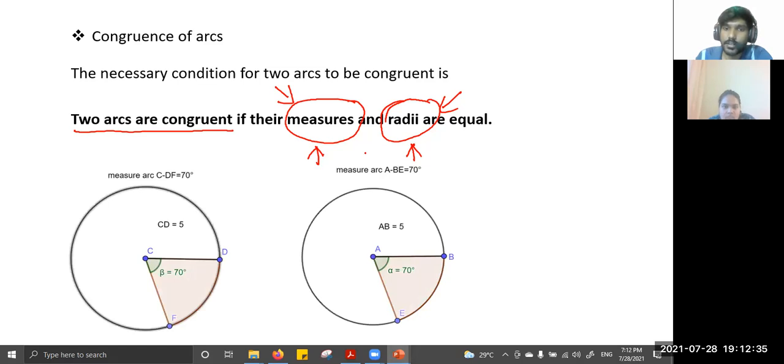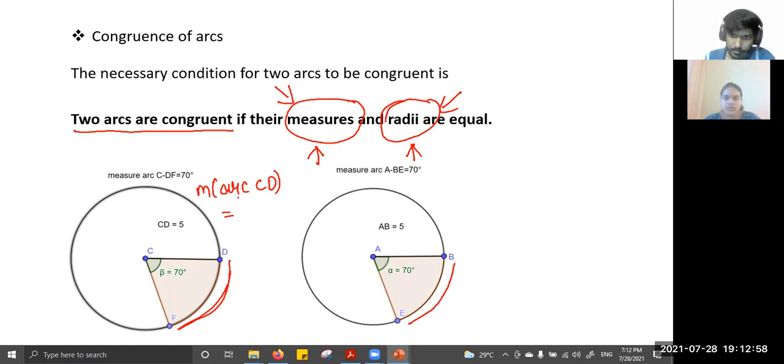So look at this figure, for example. Here you have arc FD and here you have arc BE. Okay, can you tell me what will be the measure of arc FD?